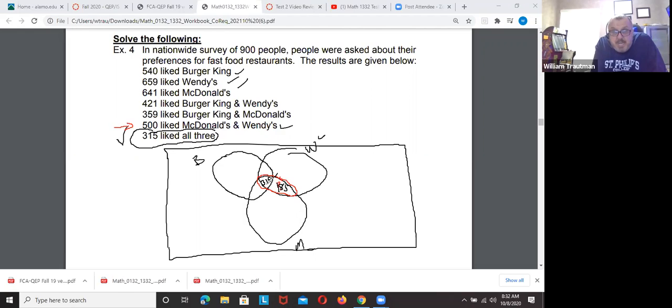Do you see now when I'm looking at Wendy's and McDonald's, the red circle that I have here, it adds up to 500, 315 and 185. We started at 315 like both. Now 500 like Wendy's and McDonald's. We had 315 already in there. So we had 500 minus 315 is 185. Okay, so let me erase the red part.